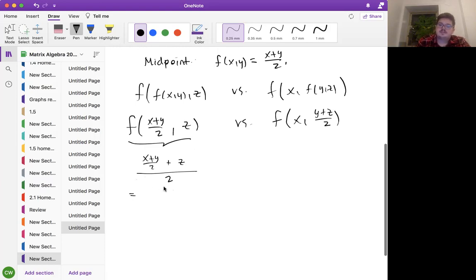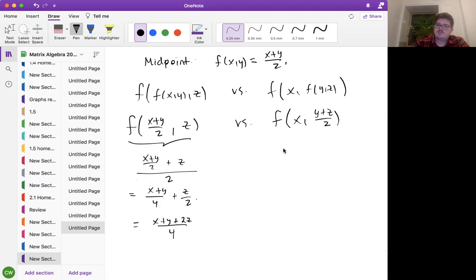Yeah, so is it x plus y over 4 plus z over 2, which is x plus y plus 2z over 4, right? So let's calculate the other side.